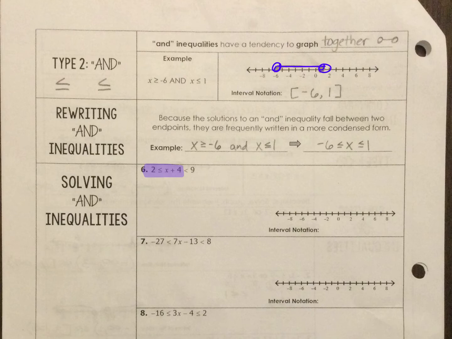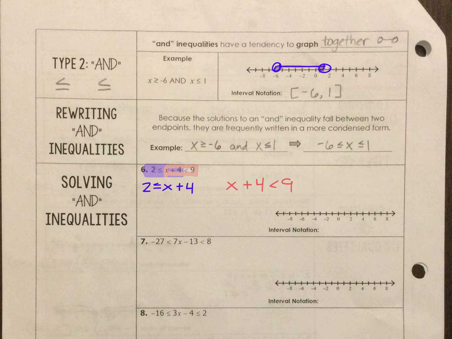Our second problem starts at the inequality and goes to there. So those are my two problems. My purple problem is 2 less than or equal to x plus 4. My red problem is x plus 4 less than 9.